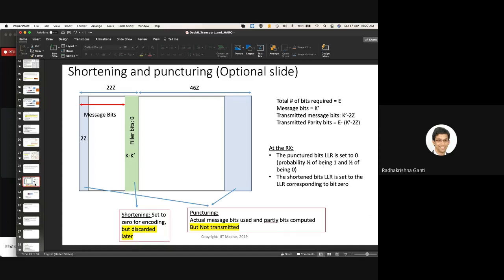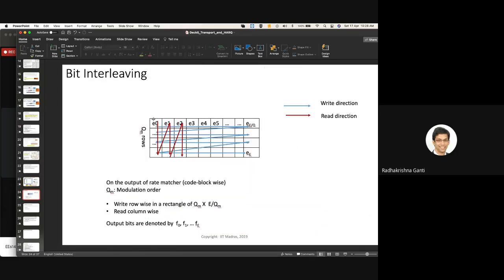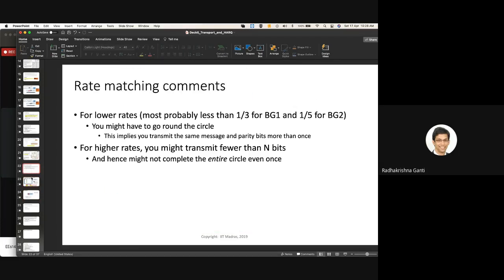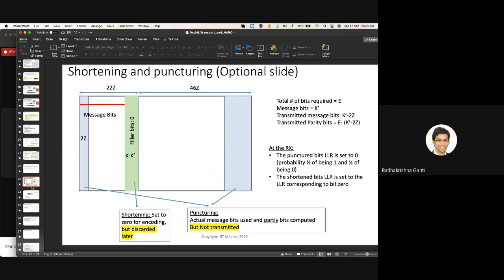The next 2 classes will focus on MIMO, what is meant by port, the definition of port, how you do layer mapping, and other things. There's only one more block left in bit interleaving. I'll do that in the next class, and then we can go into layer mapping and MIMO. Okay. Any other questions?